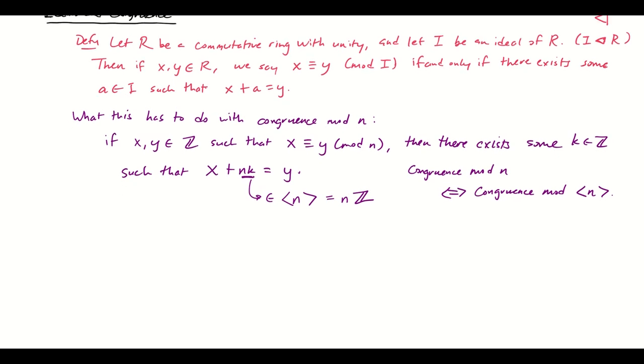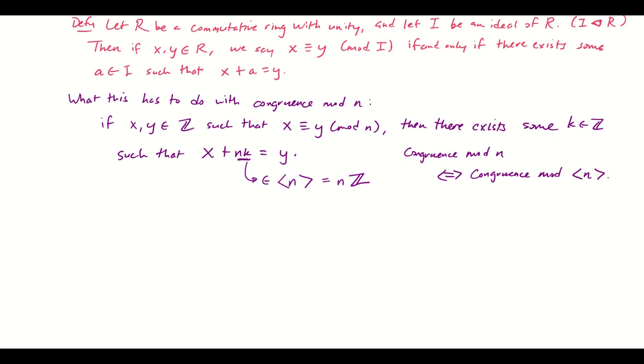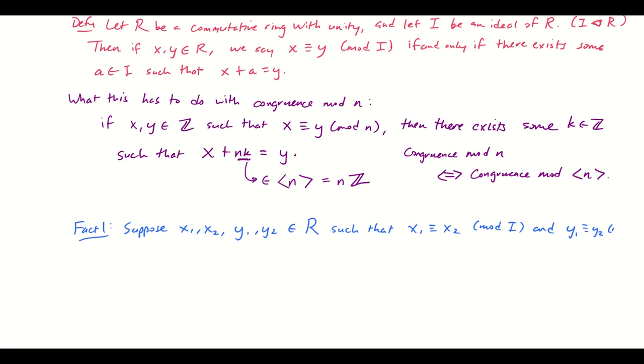All right, so now let's prove a couple little facts about congruence mod an ideal. First of all, suppose x1, x2, y1, and y2 all are elements of R such that x1 is congruent to x2 mod I, and y1 is congruent to y2 mod I. I'm going to claim two things here.